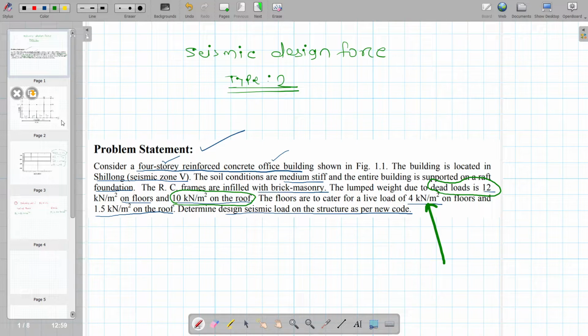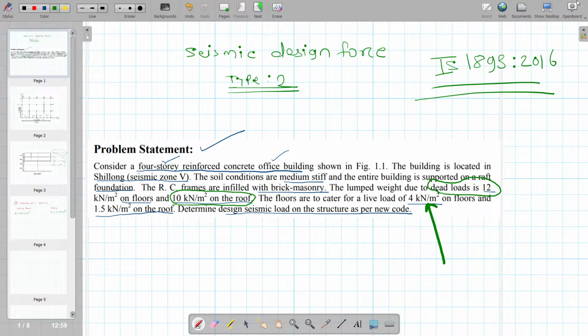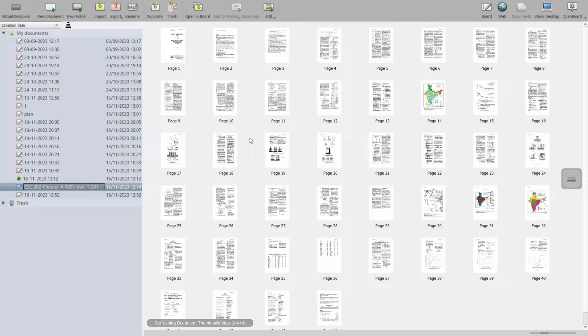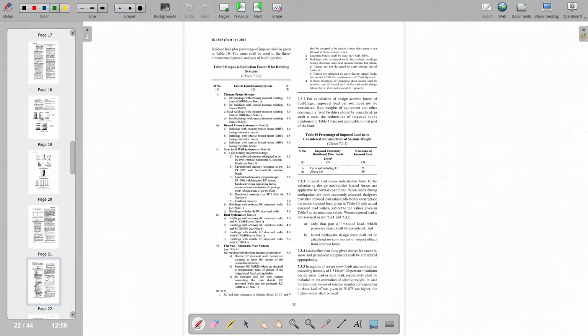Before going into the calculation, there is one clause that we need to study. Here we are going to solve all the problems using IS 1893 2016, the latest code. For the live load, you need to turn to Table 10.